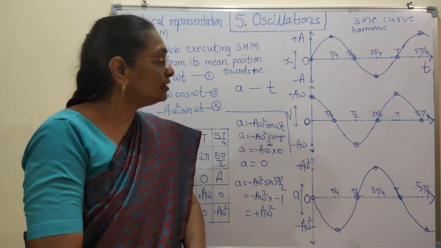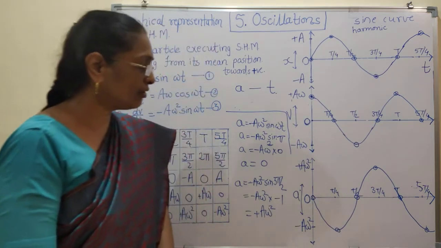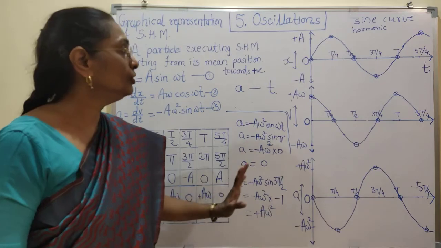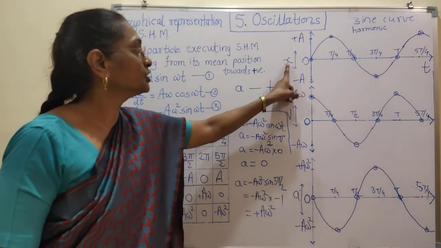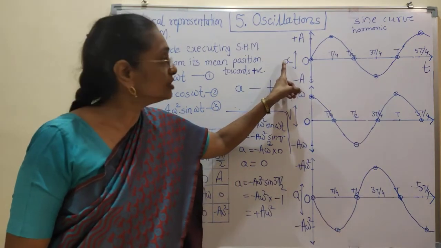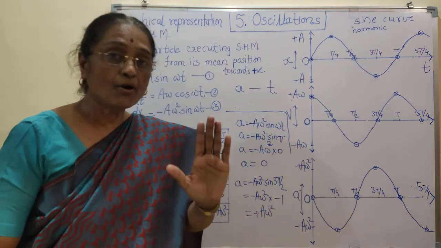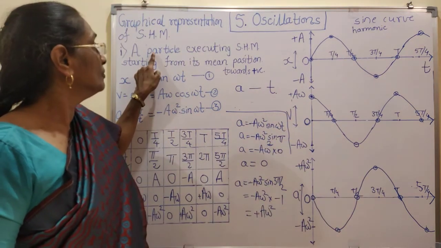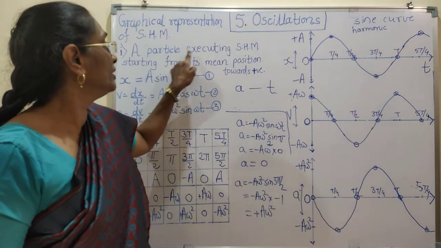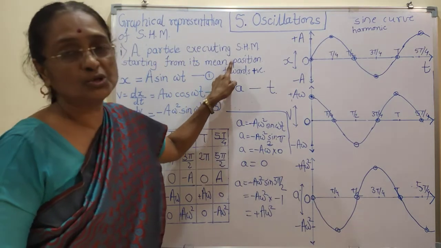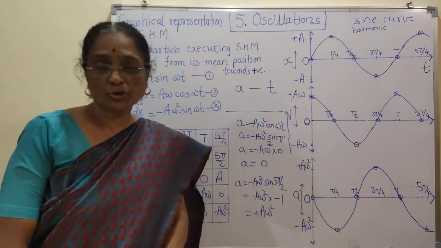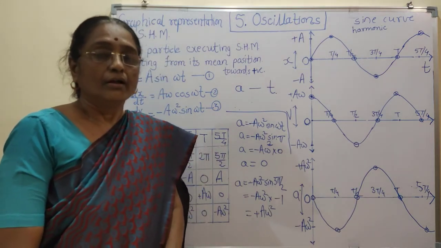So here I have shown you how to plot the variation of displacement with time, velocity with time, and acceleration with time for the motion of a particle when it starts from the mean position going to the positive extremity.